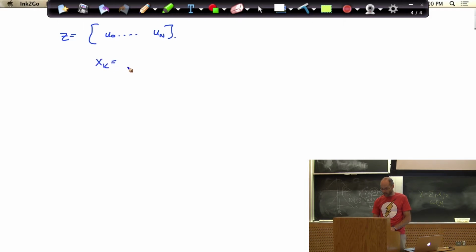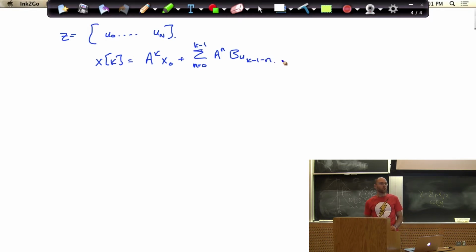My xk is just A to the k x0. This is just the solution marching forward of a linear system, but it's linear in the initial conditions and linear in my decision variables.